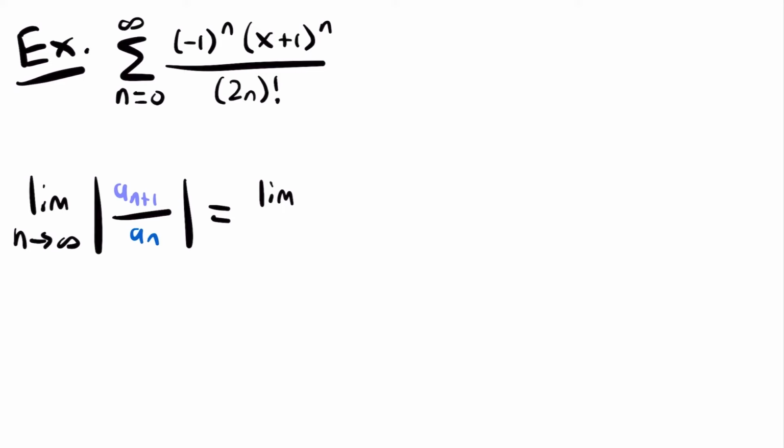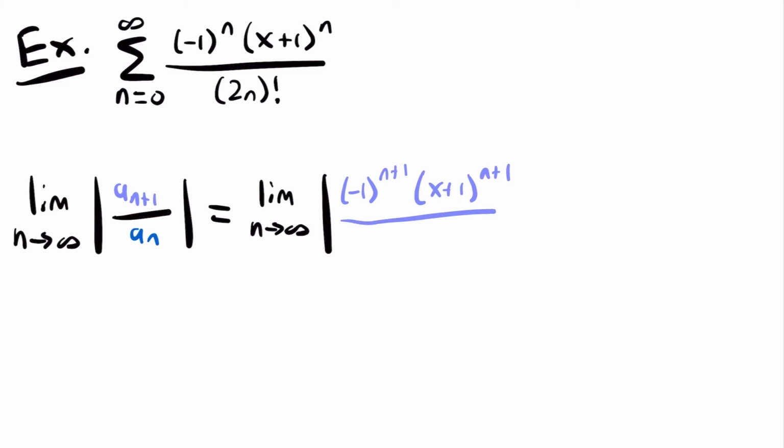And so here's what our limit will look like. We'll have the limit as n approaches infinity of the absolute value of a sub n plus 1, which is going to be -1 to the power of n plus 1 times x plus 1 to the power of n plus 1 divided by 2 times n plus 1 factorial. And we're going to multiply that by the reciprocal of a sub n, which is the same as dividing by a sub n.